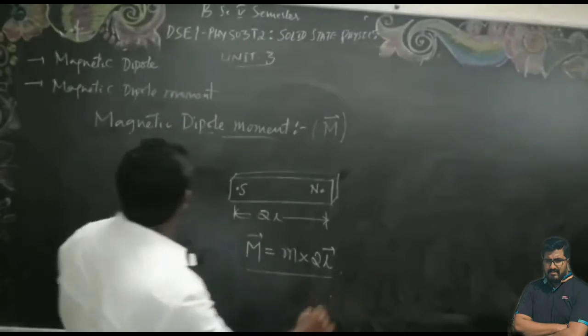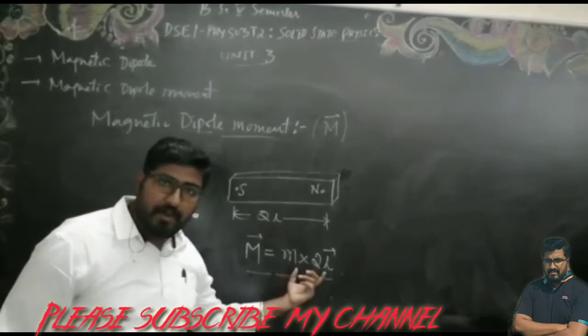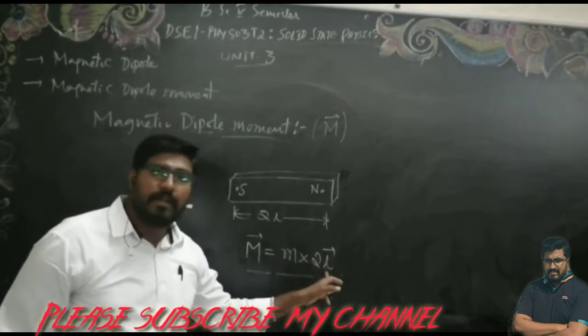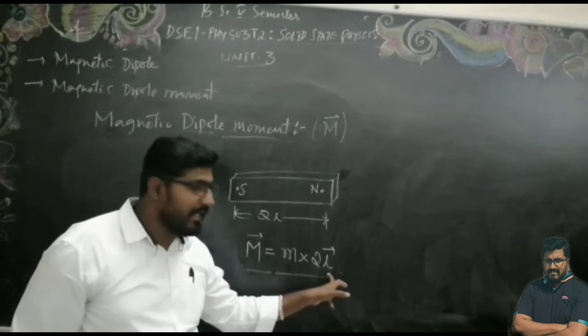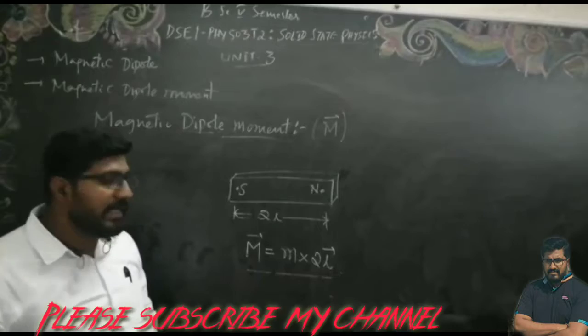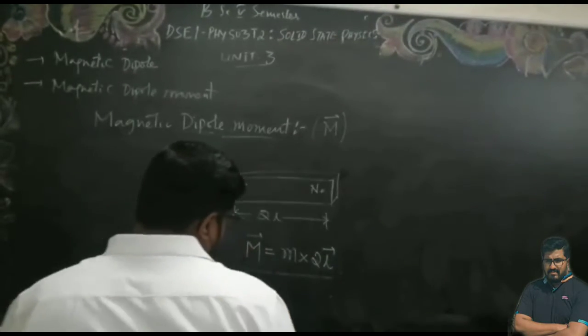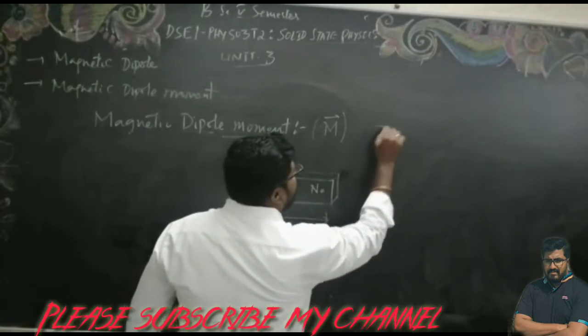Mathematically, the magnetic dipole moment is the product of the pole strength and the magnetic length of the material.